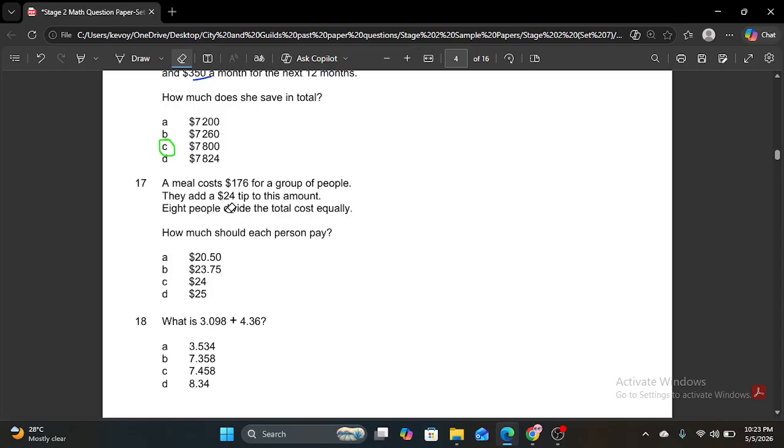So basically, you and your friends went out as a group to eat at the restaurant. The group paid $176, but they added the $24 tip. So that's the total now. So we're going to add the 176 to the $24, and after we do that, we're just going to divide by the 8 people.